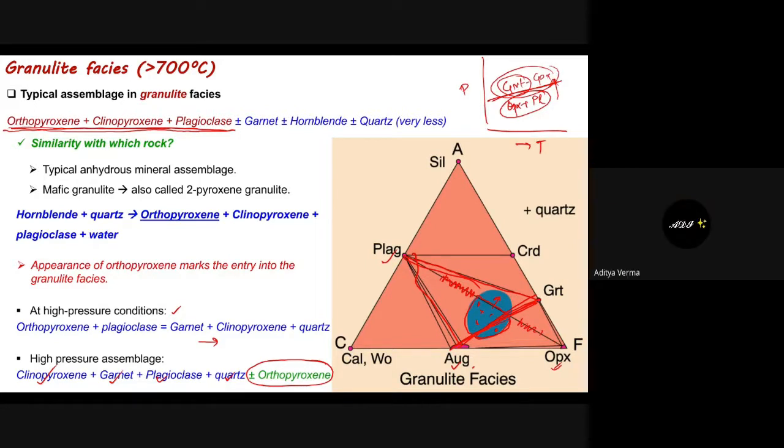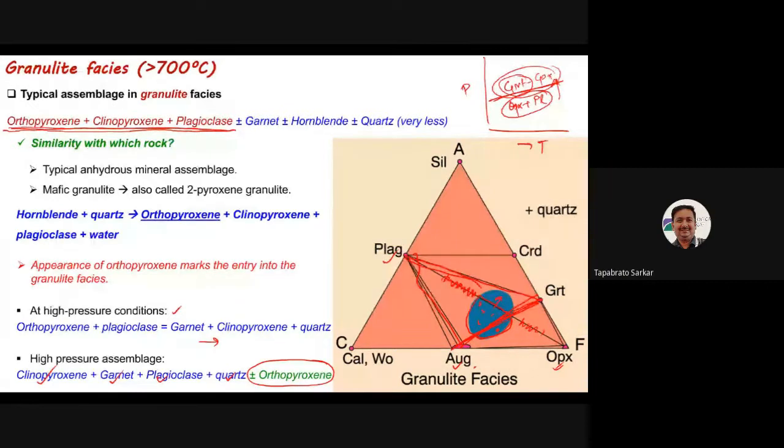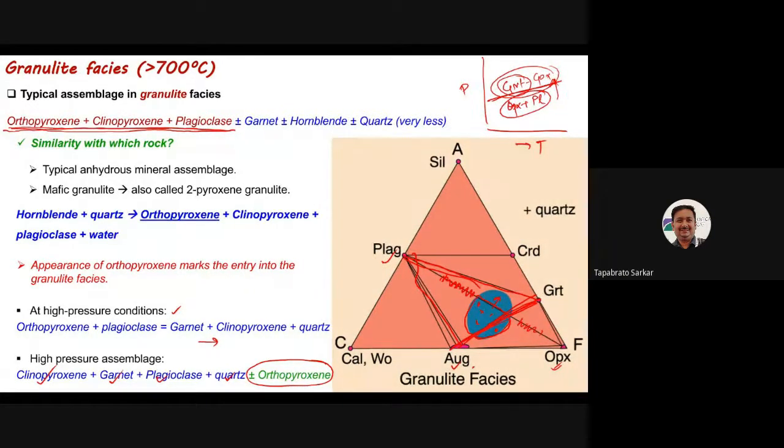Quickly. Sir, gabbronorite. Gabbronorite, right? So it's an igneous rock, a mafic igneous rock.